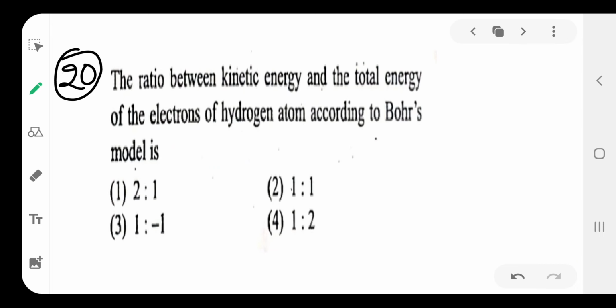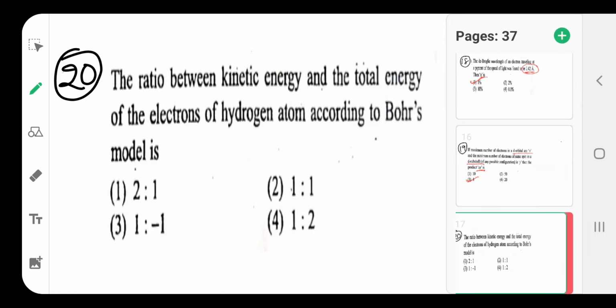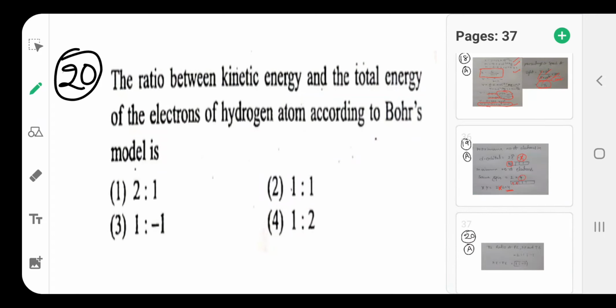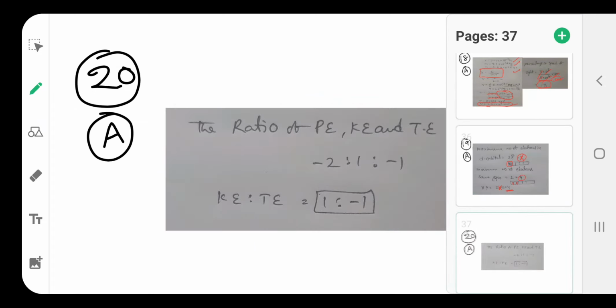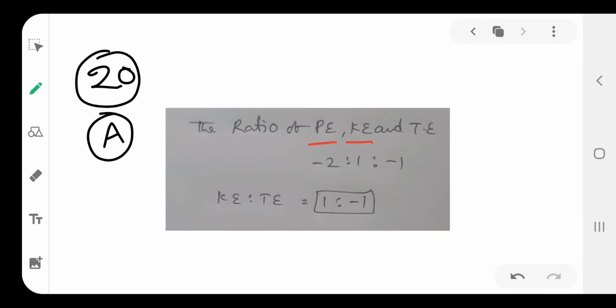Then the last one, question number 20. The ratio between kinetic energy and total energy of the electron of a hydrogen atom according to Bohr's theory. This is an important model. The ratio of potential energy, kinetic energy and total energy: potential energy is -2, kinetic energy is 1, total energy is -1.